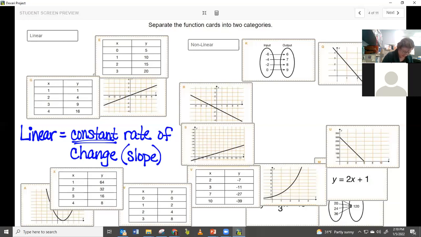Brennan, let me check in on you. So Brennan, you have 2 tables in your linear group that don't belong there.